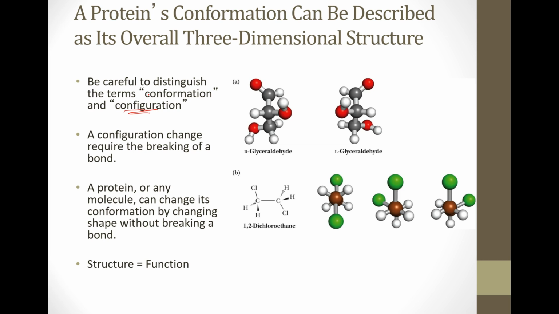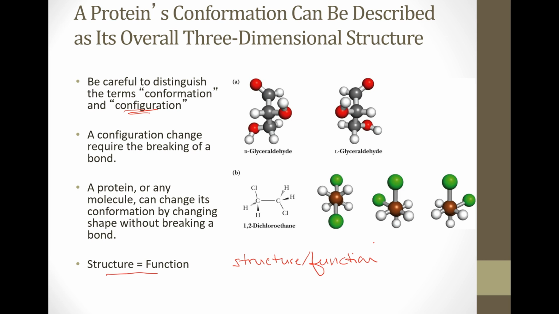So this takes me to a little bit of a segue, which I think is super, super important. Structure function. A lot of people say it as one word. And the reason for that is because structure absolutely defines a protein's function.